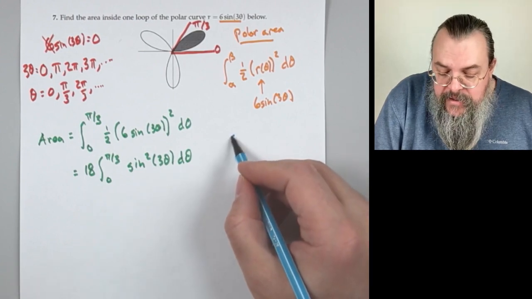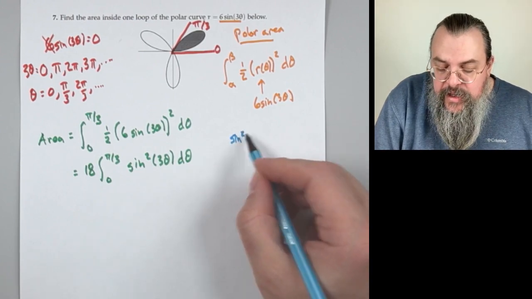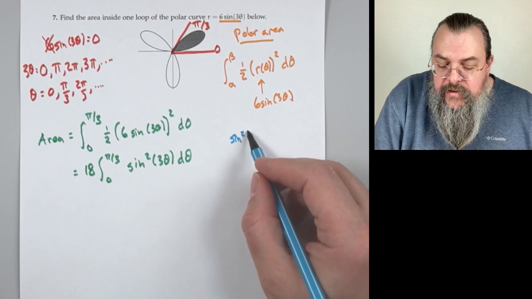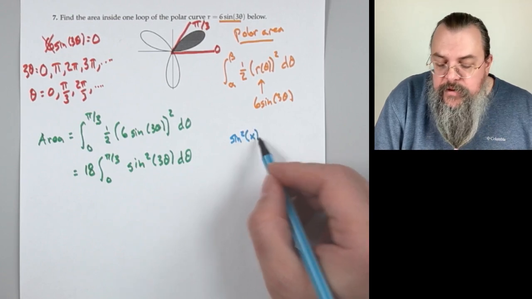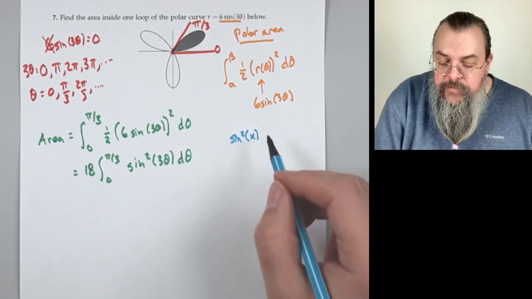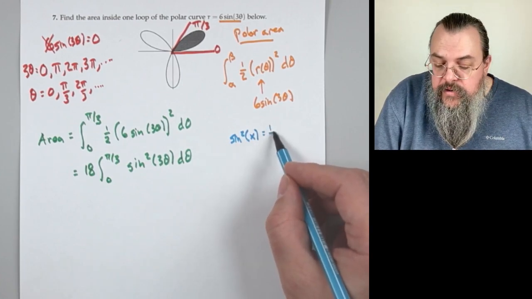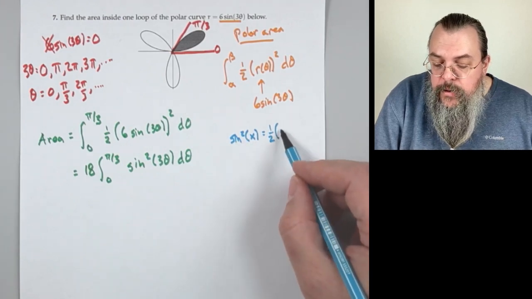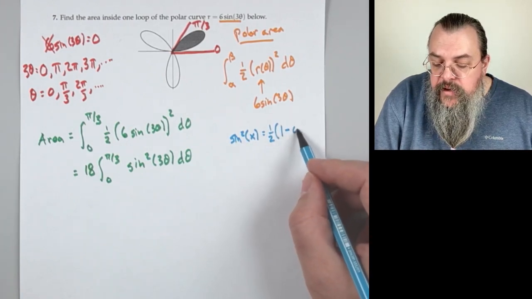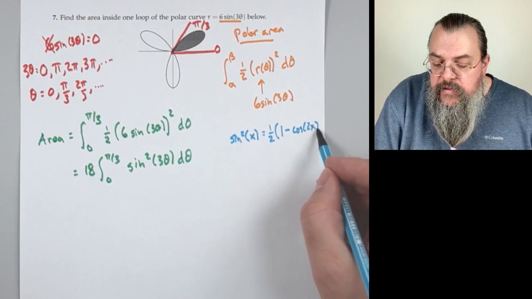And we go back and ask, is there an identity? And it turns out there is. Sine squared of x, or it doesn't really matter, we'll call it x, is equal to, this is called the power reduction, 1/2 times 1 minus cosine of 2x.